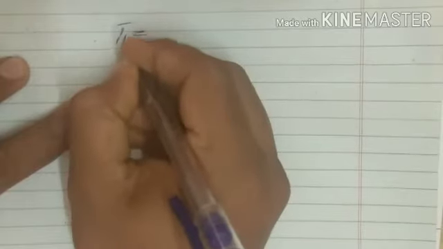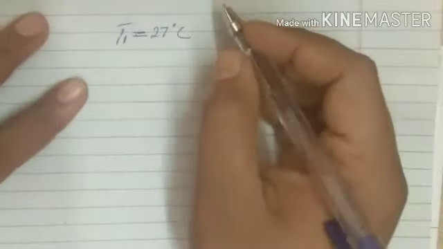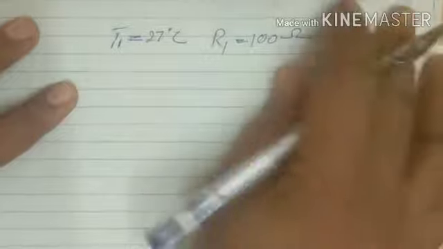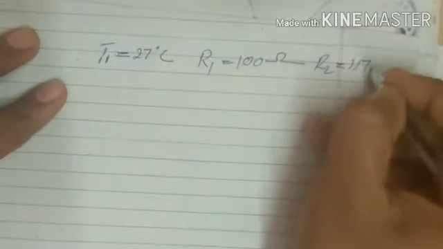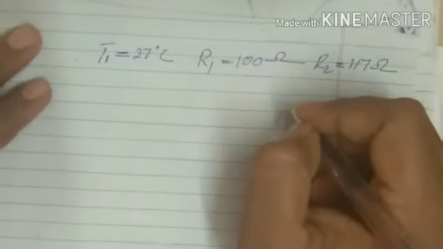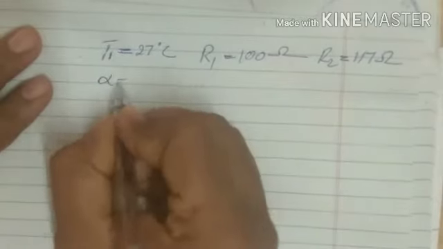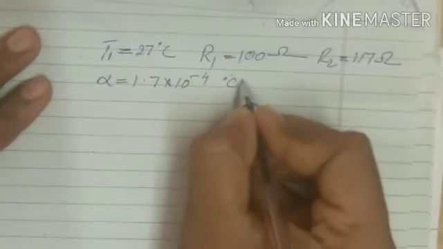So what all things are given in the question? The first temperature, that is room temperature, T1 is given, 27 degrees Celsius, and initial resistance R1 is given, that is 100 ohm, and the final resistance after the increase in temperature R2 is also given, 117 ohm, and alpha, the temperature coefficient, is also given, that is 1.7 into 10 raised to minus 4 per degree Celsius.